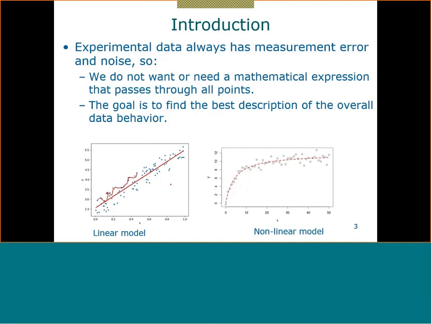Sometimes we fit a nonlinear model. So this week, we will cover only the linear model. Today, we will cover how we derive the formula for the linear model. And on Thursday, we will solve a couple of questions about the linear model. Okay, and then next week we'll talk about the different types of nonlinear models.